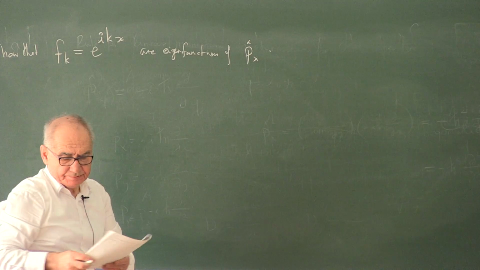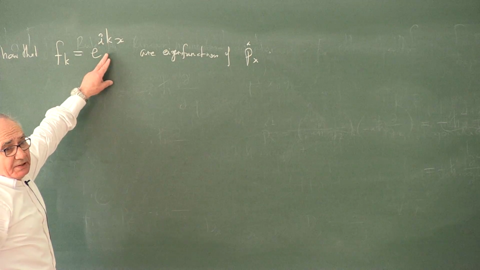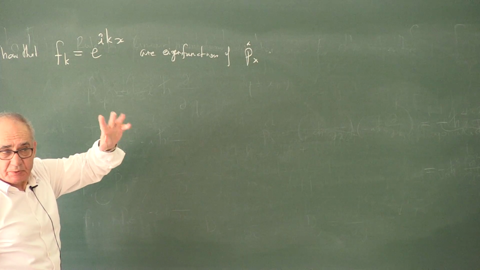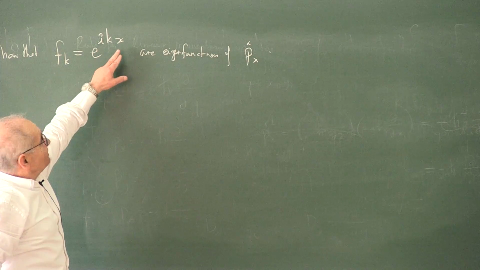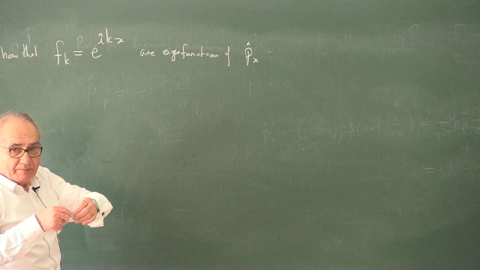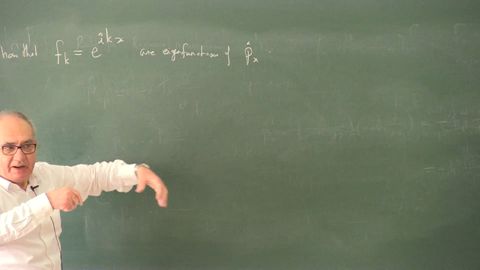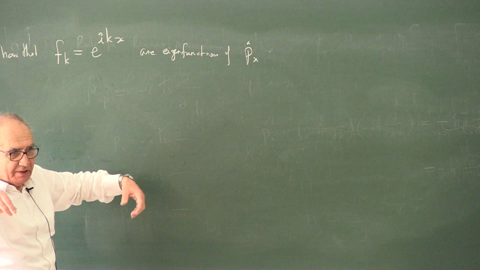Here, k is a constant. i is the complex number, square root of -1. x is the variable, a real variable of course, ranging from -infinity to +infinity.